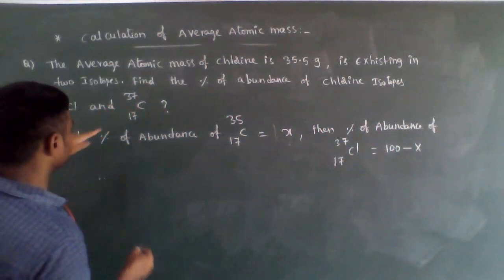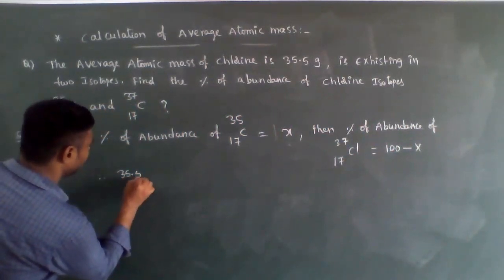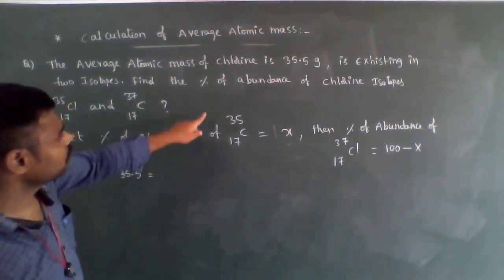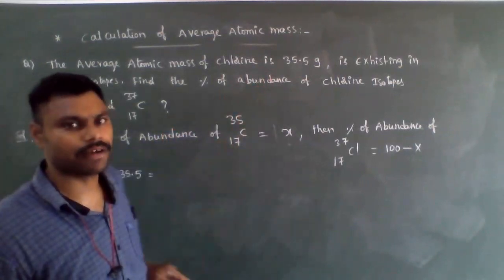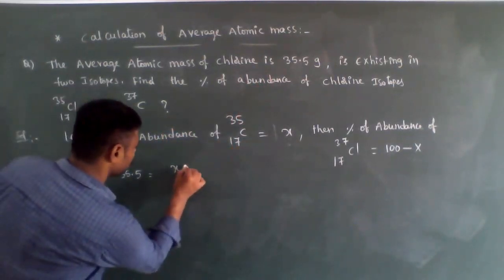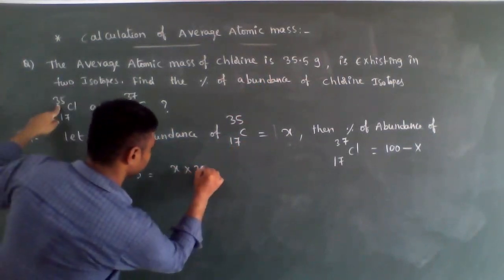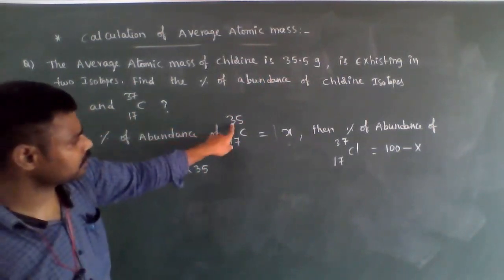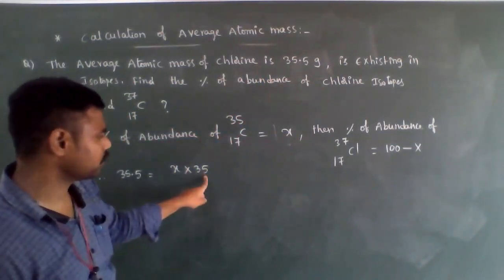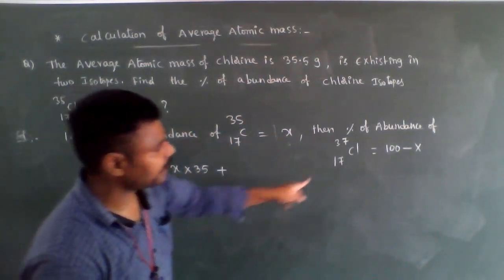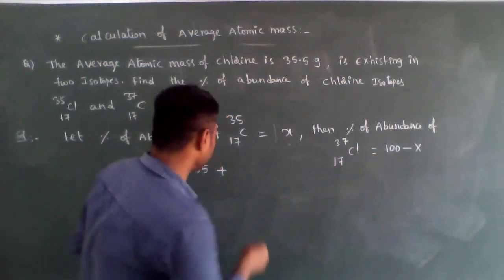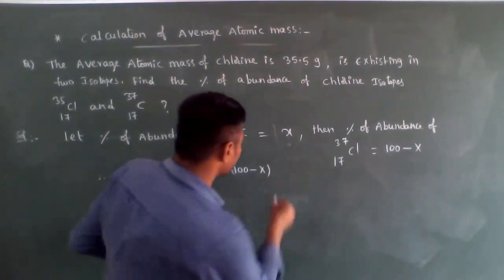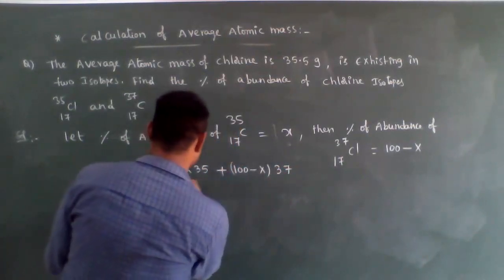Therefore, the average atomic mass 35.5, which is already given, is equal to sigma percentage of abundance into atomic mass. For chlorine 35, the atomic mass is 35 and the percentage is X. That's why X into 35 plus the second isotope, 37, whose percentage of abundance is 100 minus X, into 37, by 100.